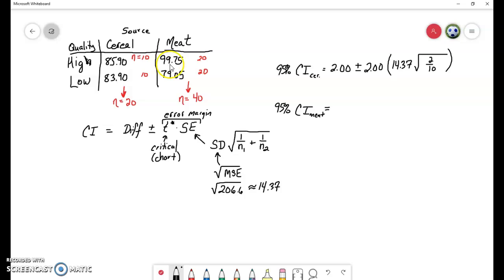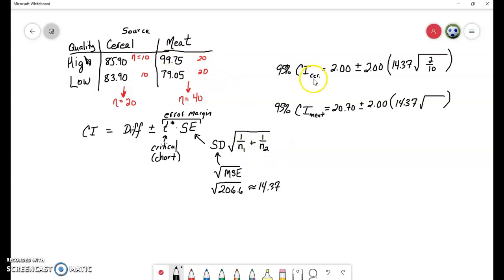Here we have 99.75 minus 79, so we have 20.7 there as our best guess of the difference between the two groups, plus or minus, and then this portion is not going to change. Same amount of overall degrees of freedom, same mean squared error. This part here will change because in the meat group, our sample sizes are 20 and 20.